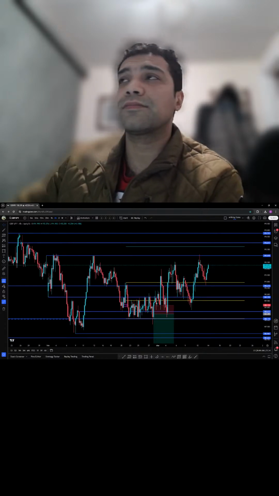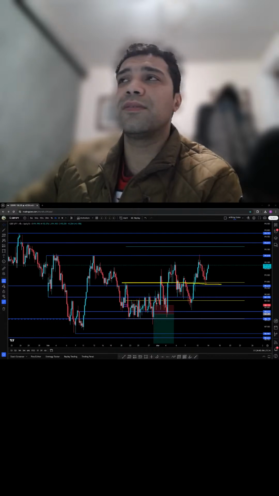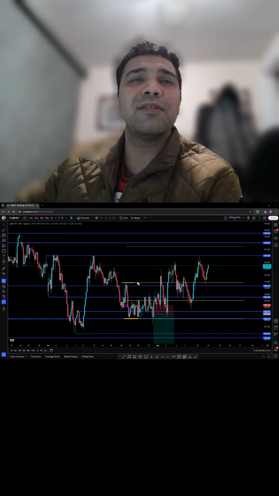And we can see a wonderful opportunity around this range. That's why I was keeping this range highlighted right here, from this point to this point. And we can see that exactly the prices got bullish around this point, right?